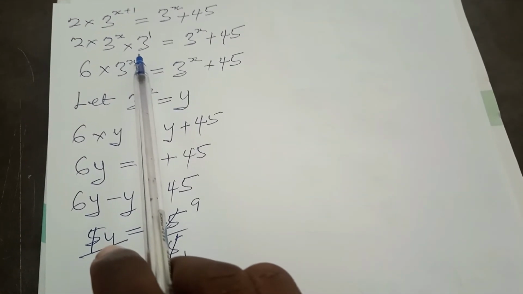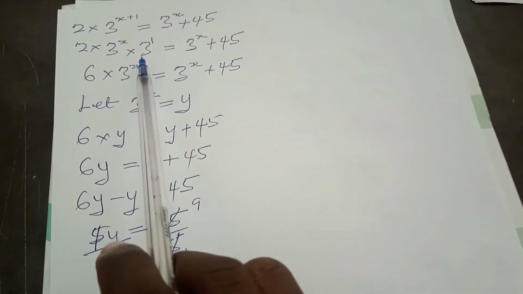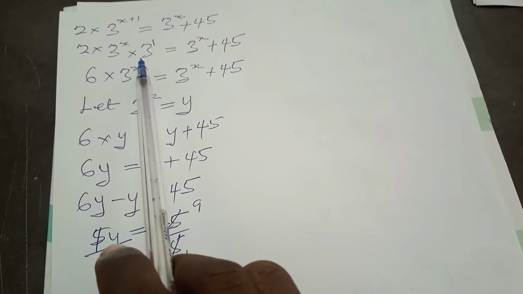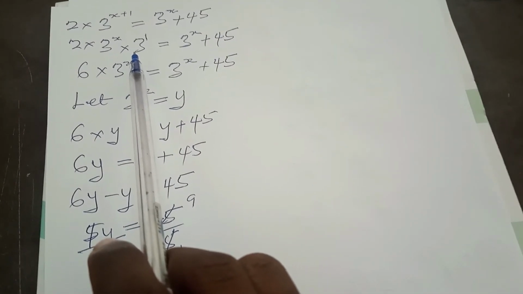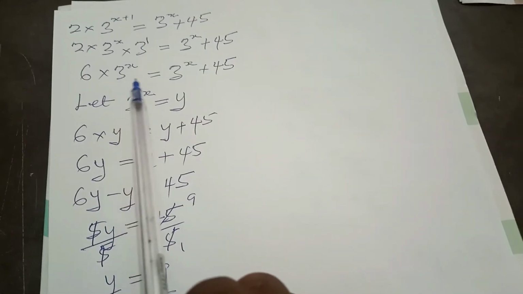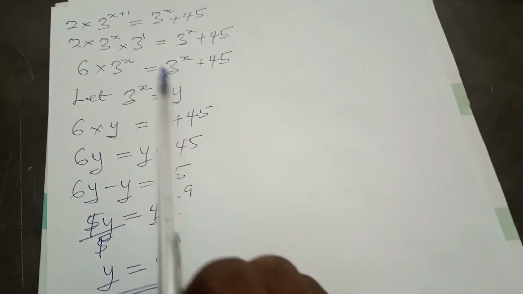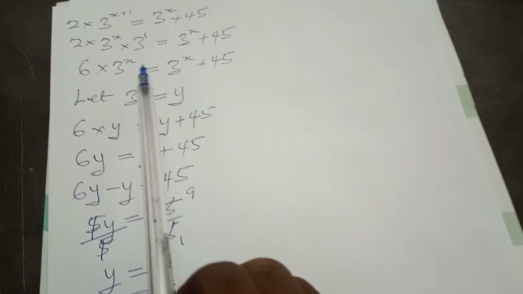This means that to solve exponential equations effectively, we must know the laws of indices very well. Like I said earlier, I have a video on the laws of indices, so you can check it if you're having problems with them. Now we have the indices on their own with a monomial exponent.